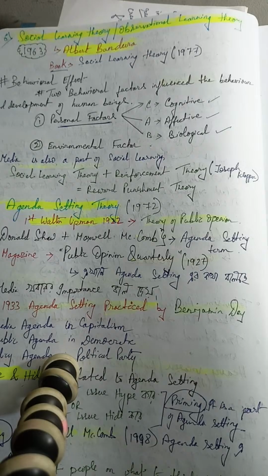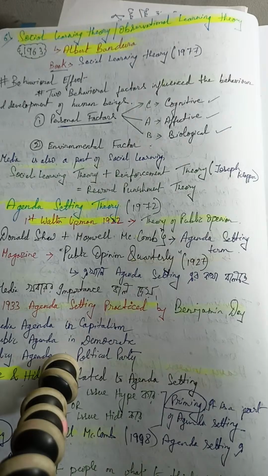Next, we will be discussing agenda setting theory. The term agenda means you are setting an objective. Agenda setting came in 1972 by Maxwell McCombs and Donald Shaw, and first it was by Walter Lippmann.